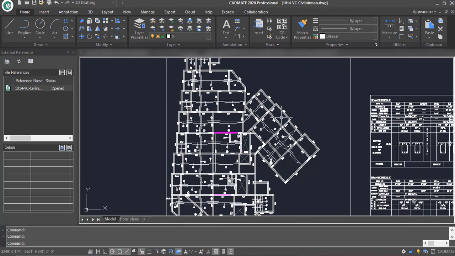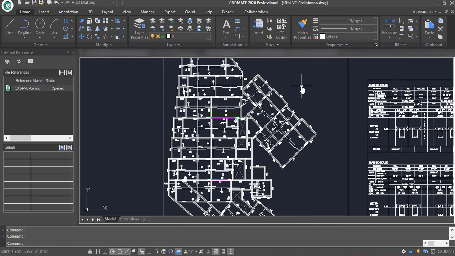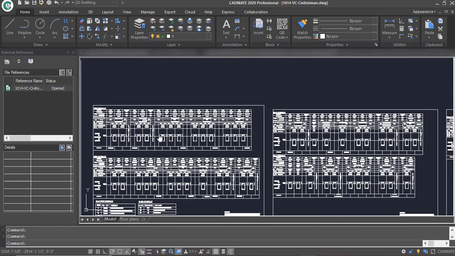I'll show you a few examples of that in the upcoming part. Then I have discussed the structural details part. Then we have the general notes which will be specified in the drawing, which we will also discuss further in detail.